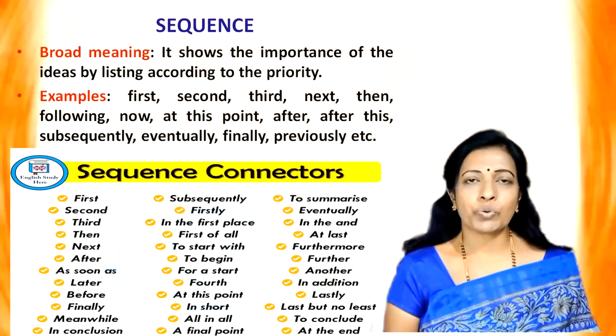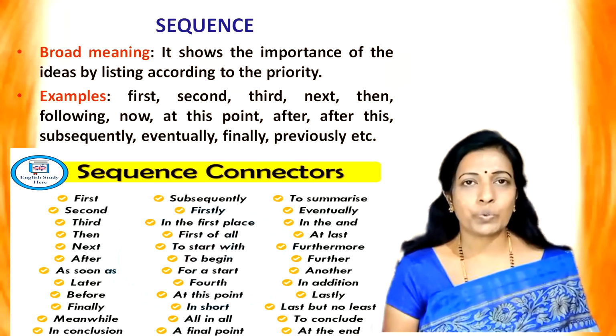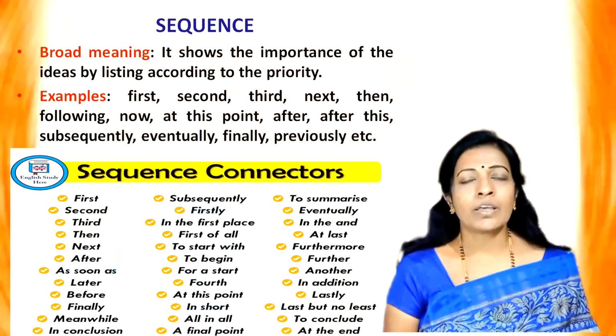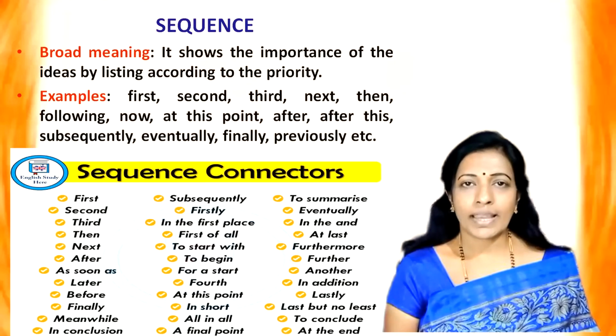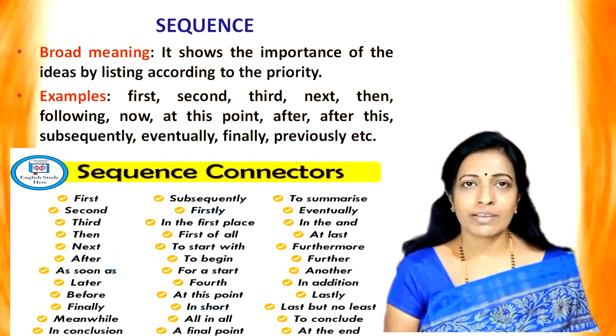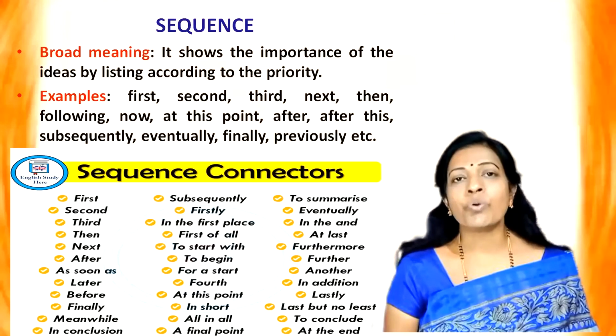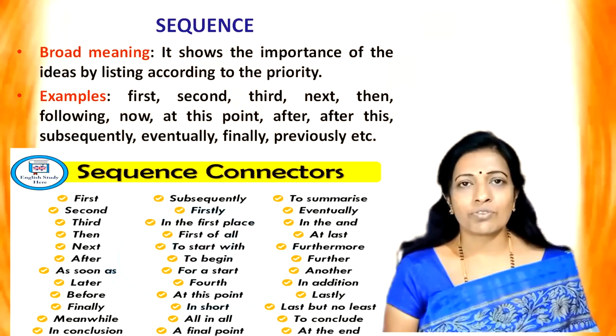If we want to show a sequence, then the linking words which you can use to do this are first, second, third, next, then, following, now, at this point, after this, subsequently, eventually, finally, previously, etc. So, by using these linking words, we can show what was the sequence of the events.